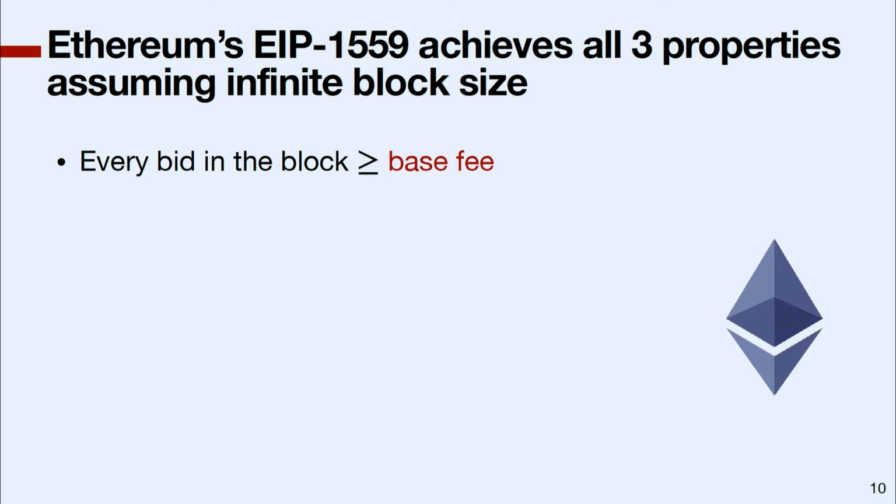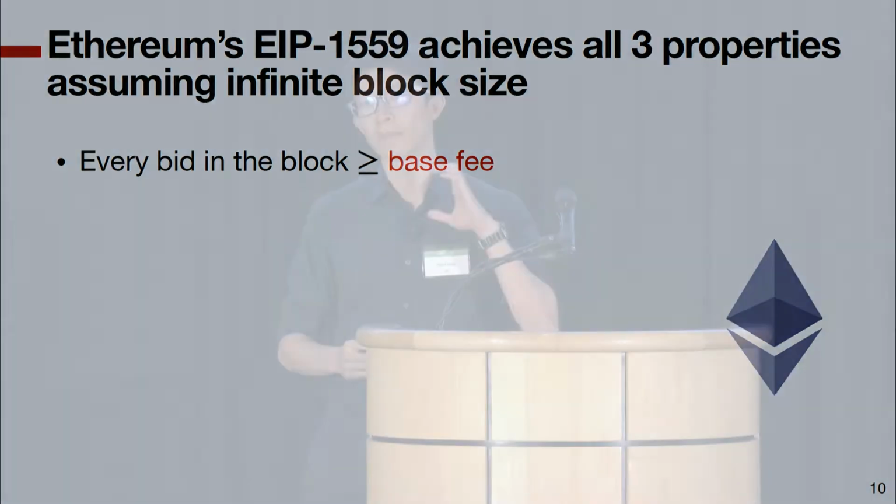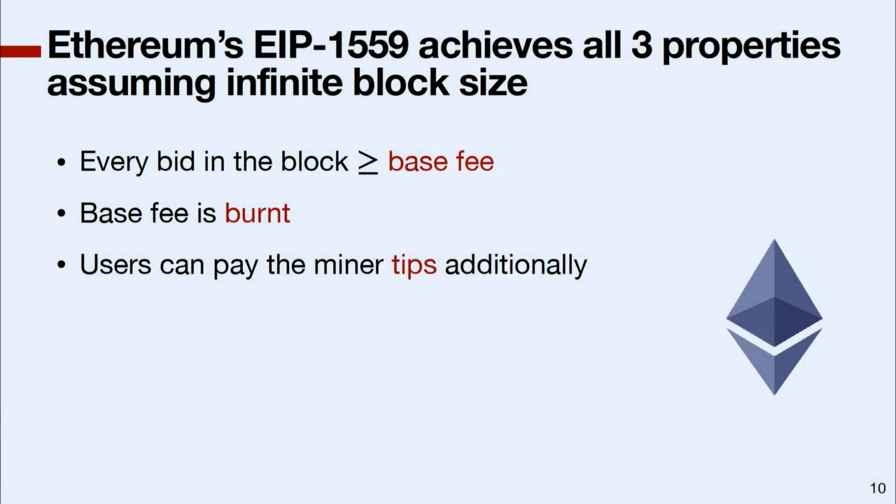On Ethereum, every block has a base fee. Only a transaction that is higher than the base fee can be included in the block. And all the base fees are burnt. That means they are totally eliminated from circulation. But in addition to the base fee, each user can also specify tips, and those tips will go to the miner.